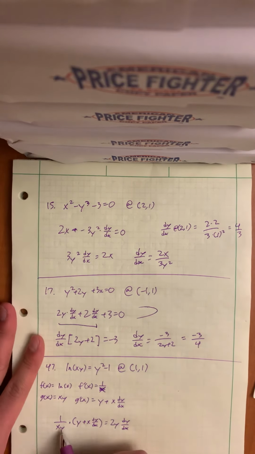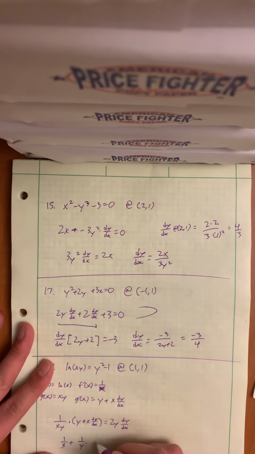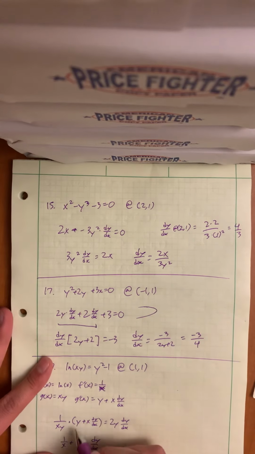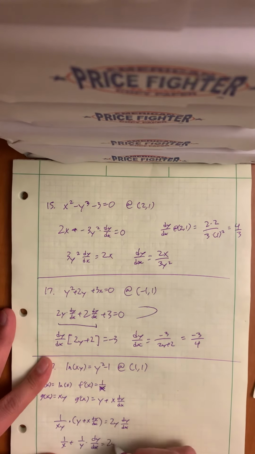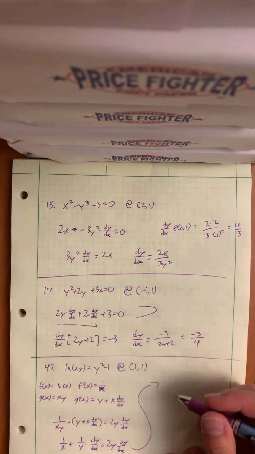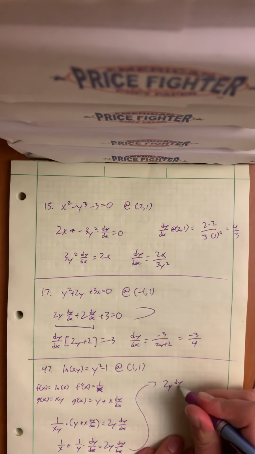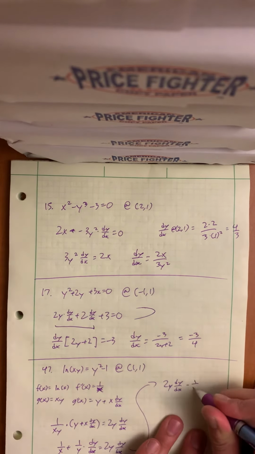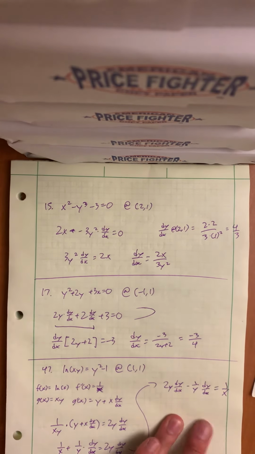Right. So now let's expand this out, and we'll get 1 over x plus 1 over y times dy/dx. y over xy is just 1 over x, and x dy/dx over that is just 1 over y times dy/dx. And the other side is 2y dy/dx. Again, we want to combine these two on the same side. So I'm going to have 2y dy/dx minus 1 over y dy/dx is equal to 1 over x.